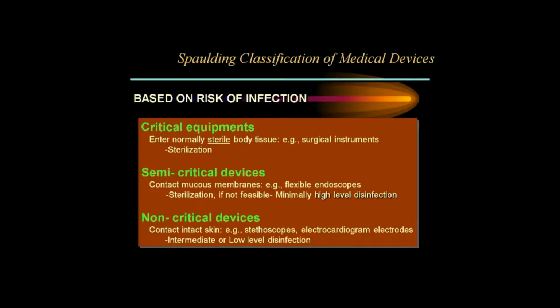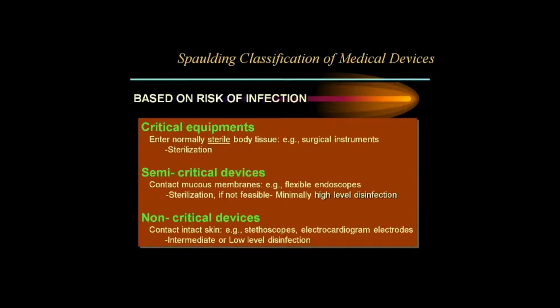Next slide. Laparoscopic equipment is considered critical equipment as far as Spaulding's classification is concerned. What is Spaulding's classification? Let me explain it in the next slide. Spaulding classifies all medical devices based on the risk of infection into 3 types, namely critical equipment, semi-critical equipment and non-critical devices.